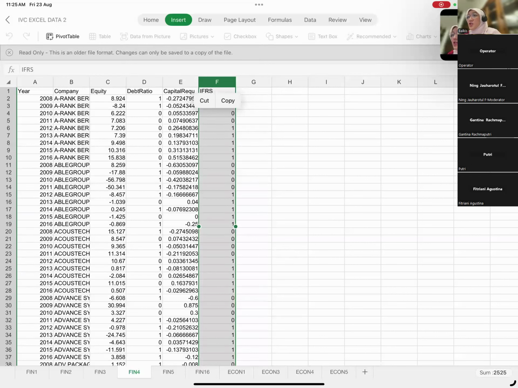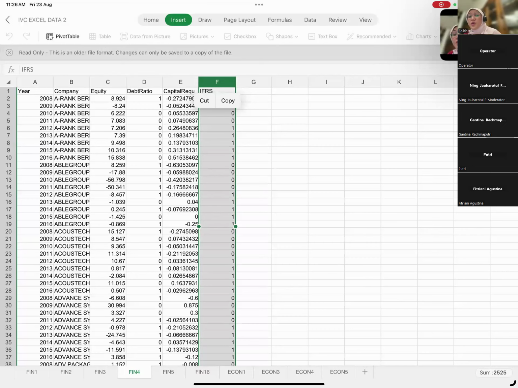IFRS is a regulation of the financial reporting method, so it's part of the regulation too. So instead of IFRS, we change to the international financial reporting standard for the banking sector. So that measures the regulation.